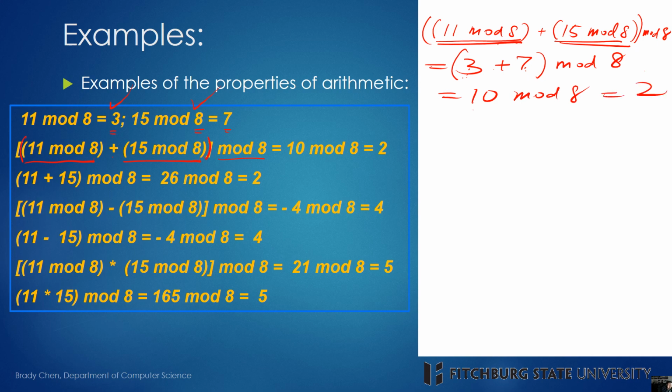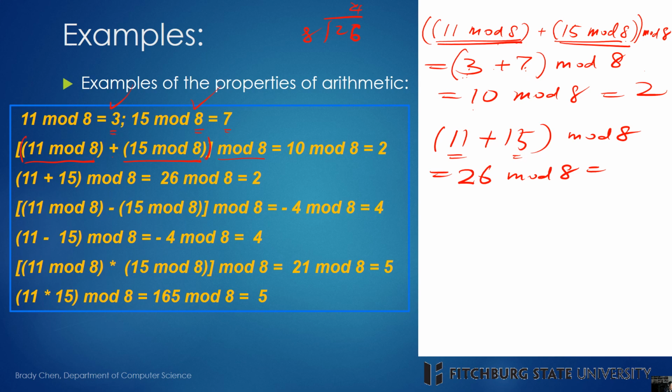Now if we directly calculate 11 plus 15 mod 8, instead of 11 mod 8 plus 15 mod 8, what is this? That's 26 mod 8. Now what's the result? 26 divided by 8, we got a 4.